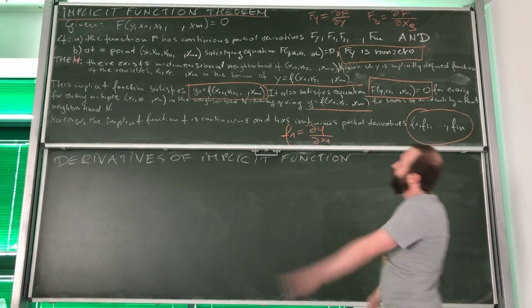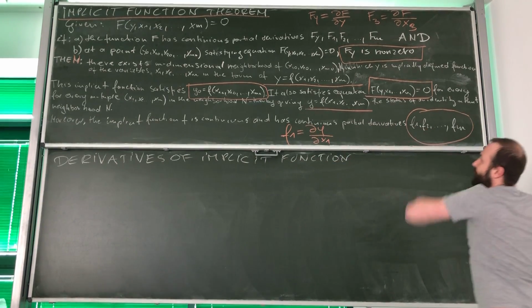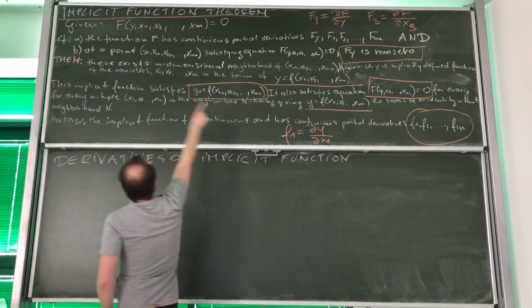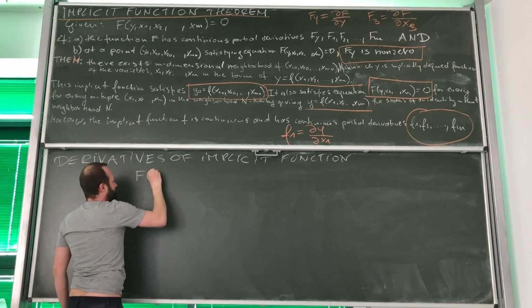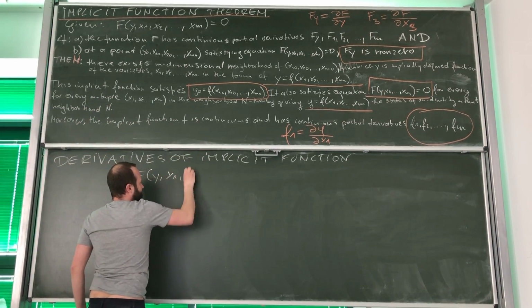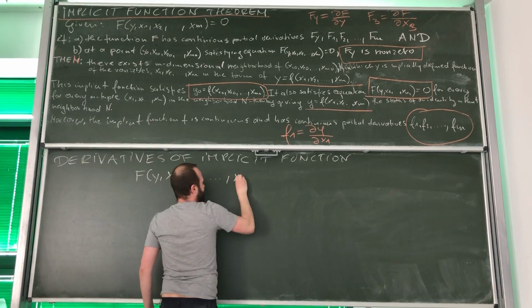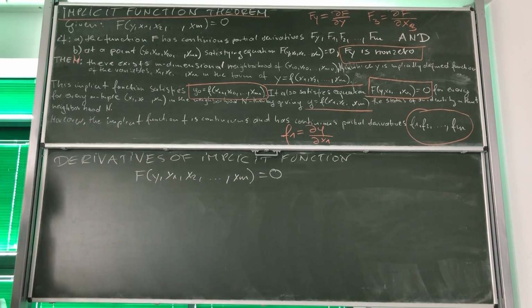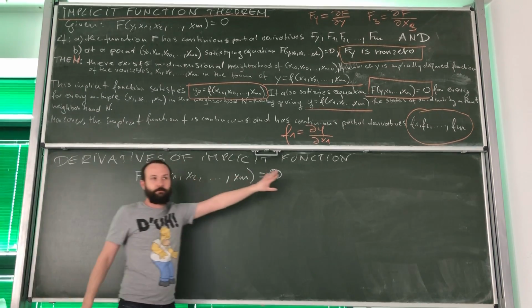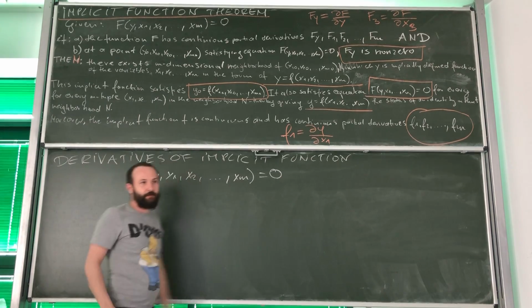Again, we are starting with the function that we are given: f(y, x1, x2, ..., xm) equals 0. Now, I can very easily calculate the total differential of this expression.